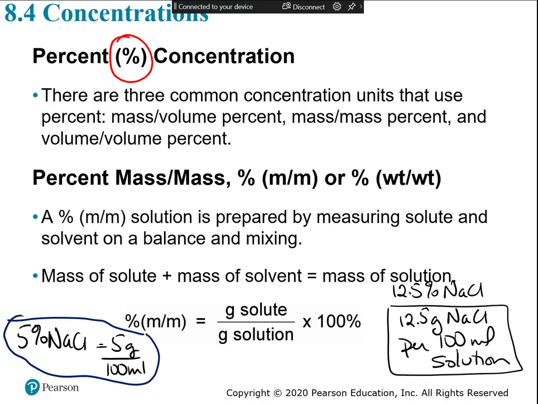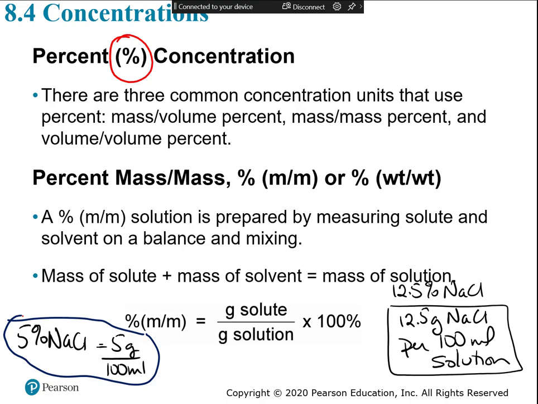Next one, over on the other side, see where it has 12.5% sodium chloride. That would mean I would have 12.5 grams of sodium chloride for every 100 mils of solution. I could make up 100 mils, 200 mils, 20 mils, any amount, but the percent is always out of 100.